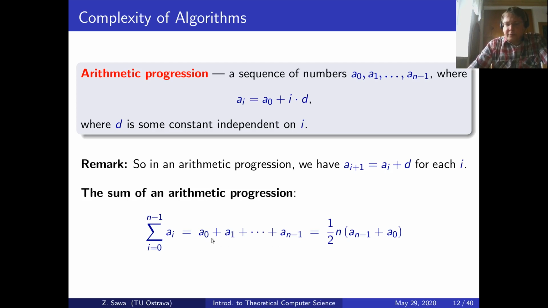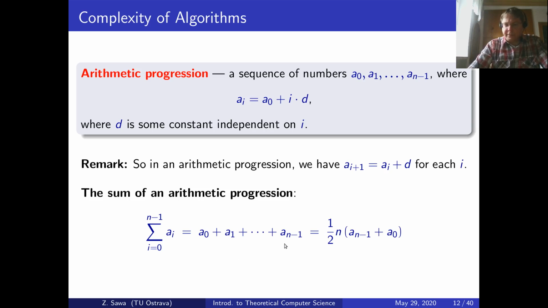Imagine that we would write one sequence in this order and the second sequence in the opposite order, and you can check that if we add the first element in the first copy with the first element in the reverse copy, so it will be the sum of the first element in the first copy and the last element in the second copy, then the second element in the first copy and the next element in the reverse copy, and so on.